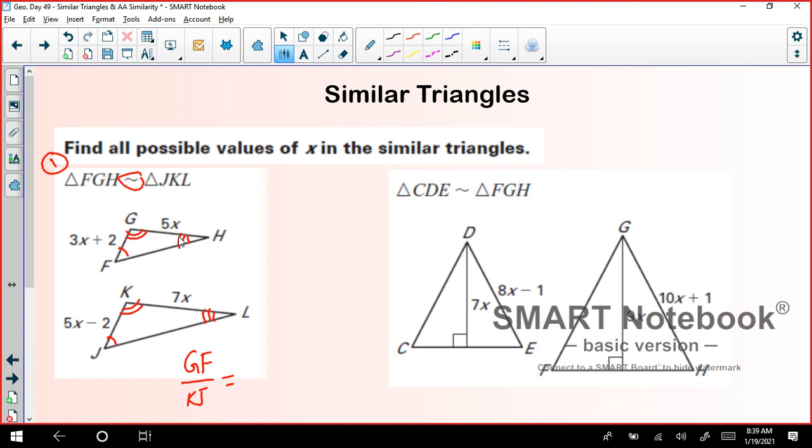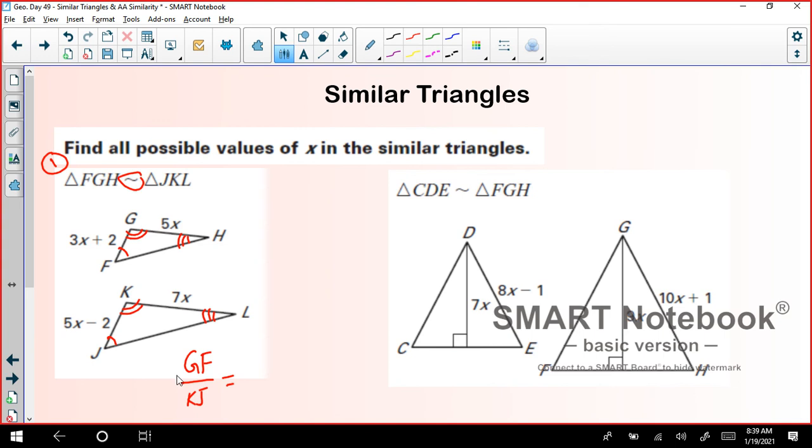This is the symbol which we use for similar figures. We have been given two similar triangles: triangle FGH is similar to triangle JKL, which means angle F is congruent to angle J, angle G is congruent to angle K, and angle H is congruent to angle L.